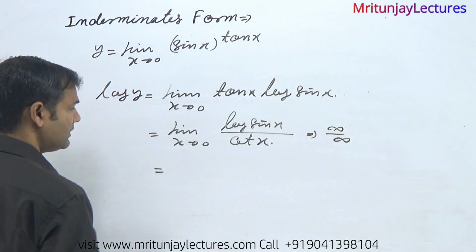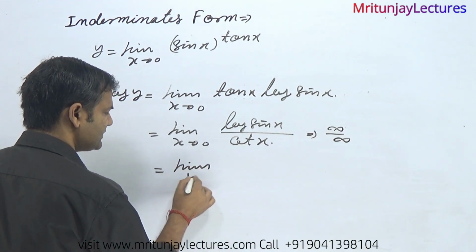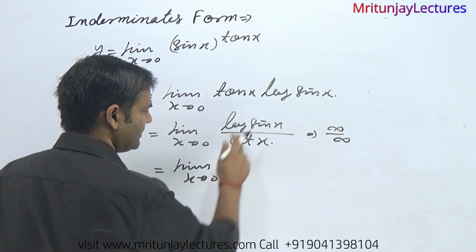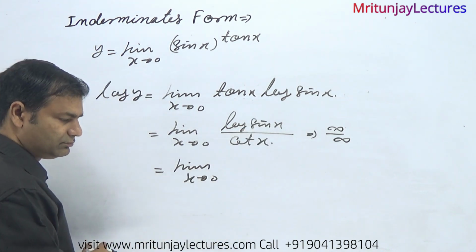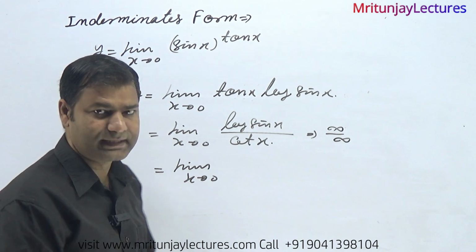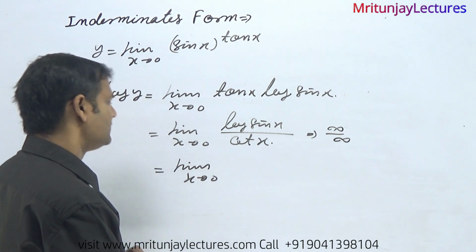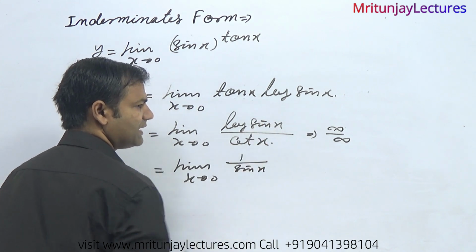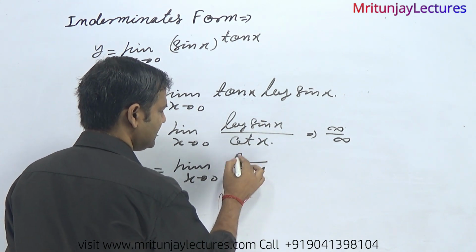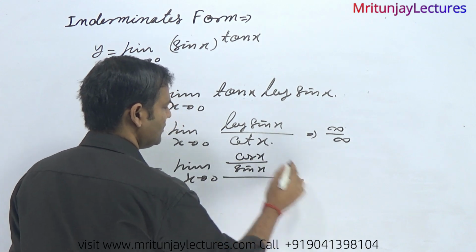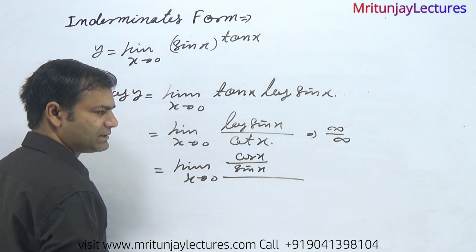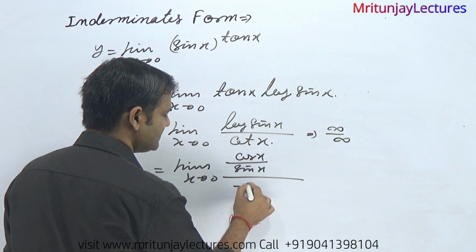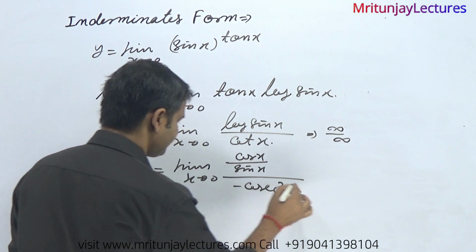That's why we apply L'Hospital rule. Limit x tends to 0 of 1 by sin x into the differentiation of sin, that is cos x, whole divided by the differentiation of cot x, that is minus cosec square x.